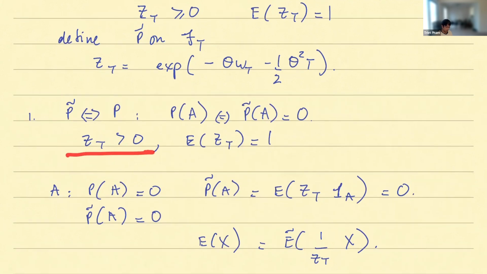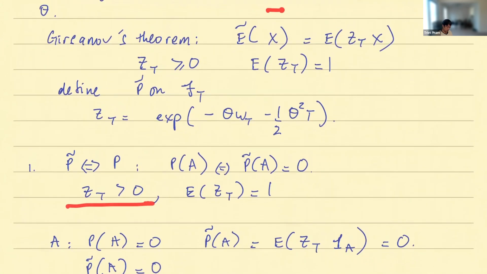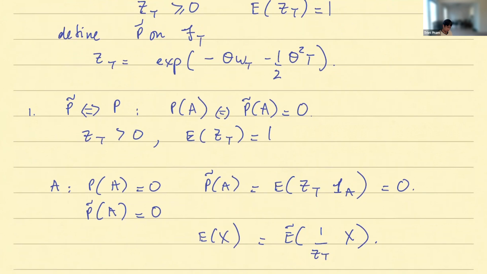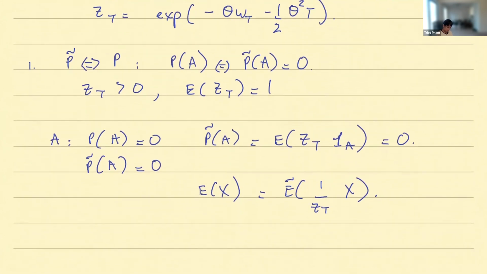it basically means that you can change measure forward and backward. So there is a kernel that allows you to go back, which is exactly 1 over ZT. And therefore, exactly because of this, P of A is the expectation tilde of 1 over ZT times the indicator function of A, that would be 0.